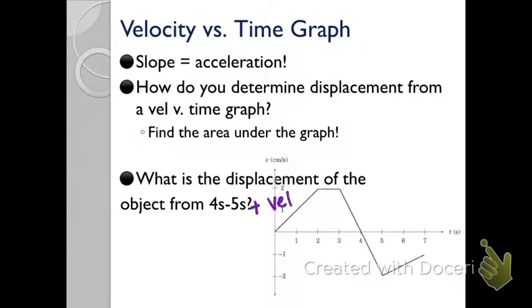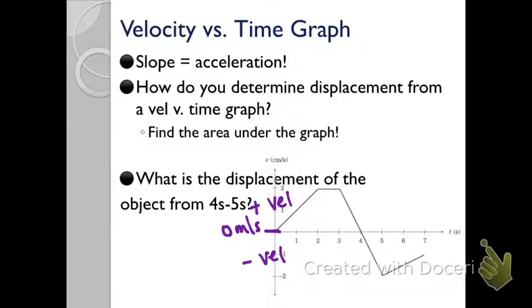Anything below the x-axis is negative velocity. Meaning here we're moving in the positive direction, here we're moving in the negative direction. And we said the x-axis itself is 0 meters per second. This means we're at rest. So in our other graph, if we had a straight line here, that means we stopped moving.